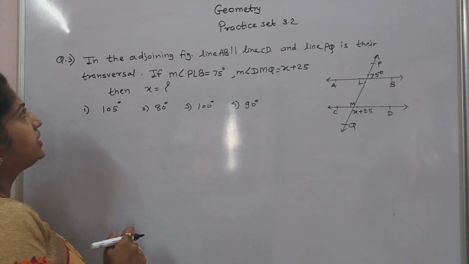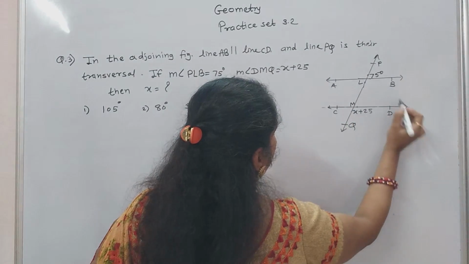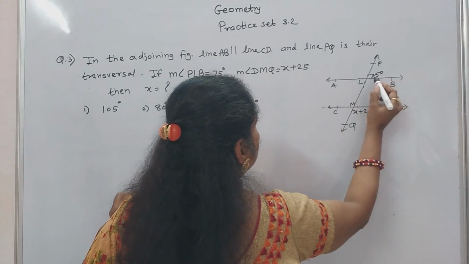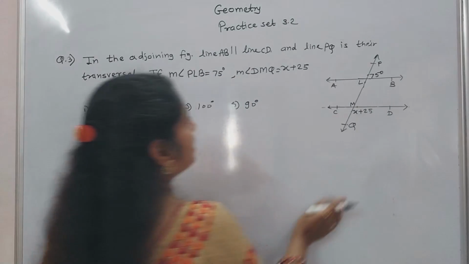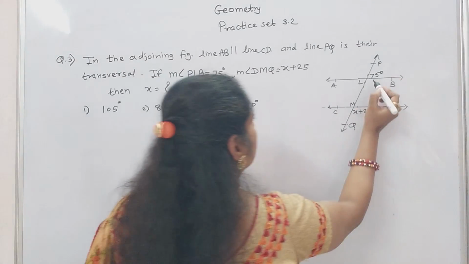Next question number 3. In the adjoining figure, AB line parallel to CD line, PQ is the transversal, angle PLB is 75 degrees and angle DMQ is x plus 25 degrees. Find the value of x. Now I take the angle A here.